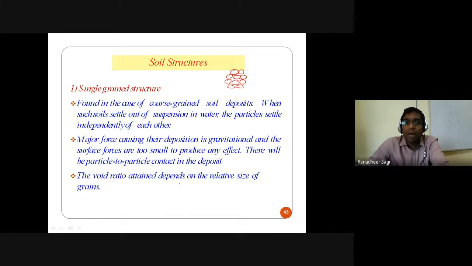So there will be particle to particle contact in that soil deposit when the particles settle at the bottom because of the gravitational force acting on them.